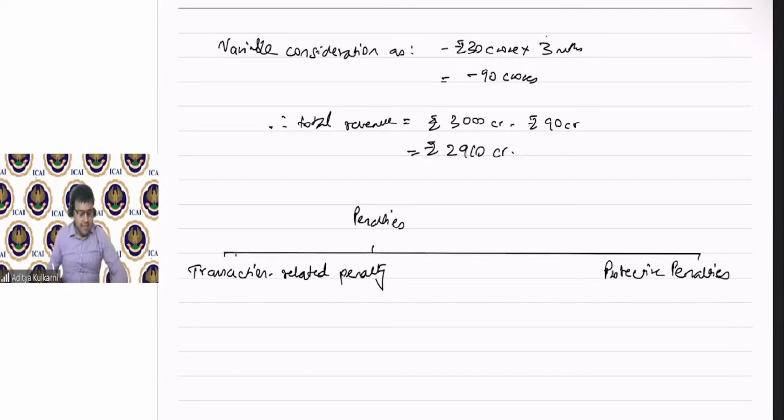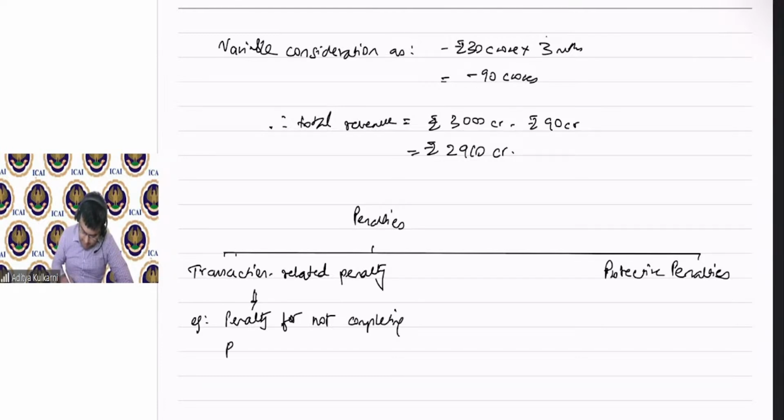When I say transaction related penalty, it is like a penalty for not completing work on time. Example, penalty for not completing projects punctually.